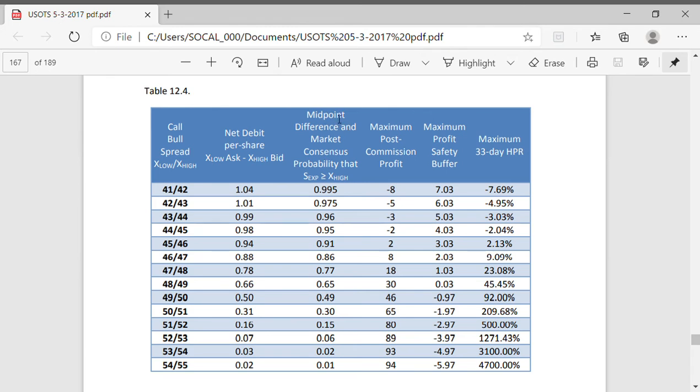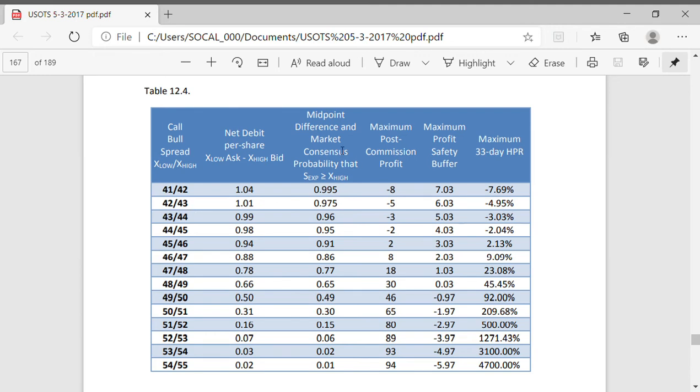I call it the midpoint difference. And we're going to see in a moment that I'm also describing it as the market consensus probability that at option expiration, the stock price will be greater than or equal to the strike price of the option we wrote. Here with the 41.42, it's greater than or equal to 42. Here with the 42.43, this would mean stock price at option expiration greater than or equal to 43, and so on.